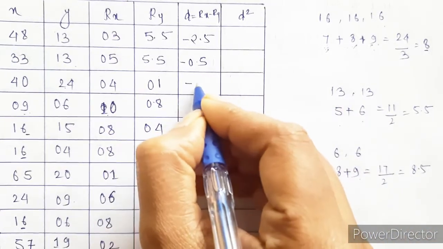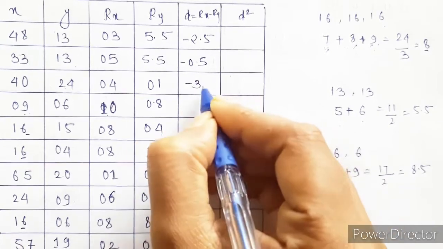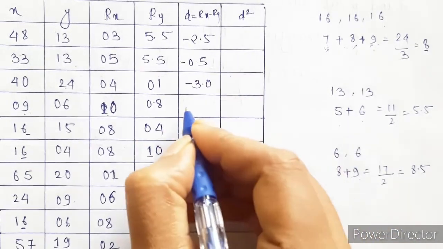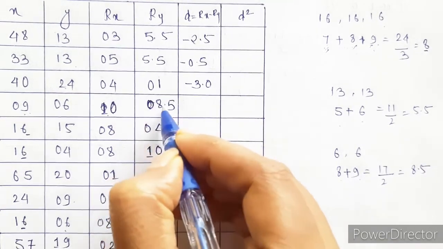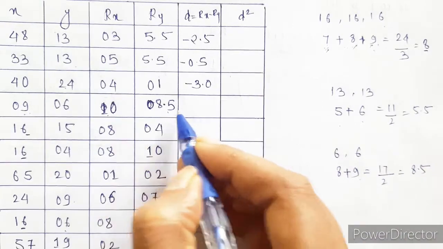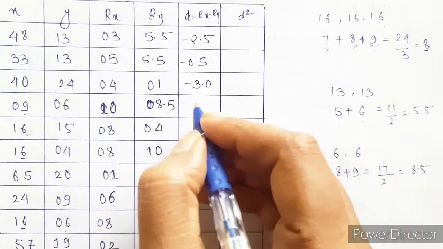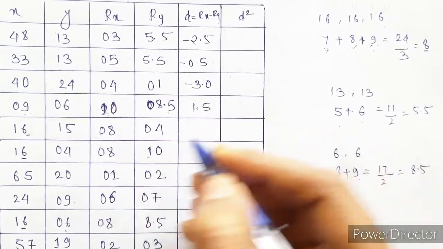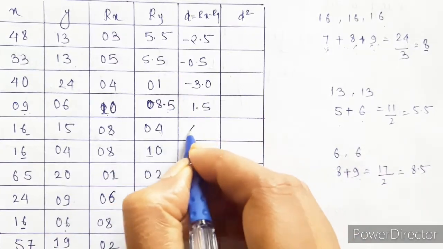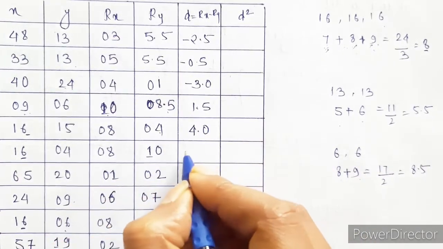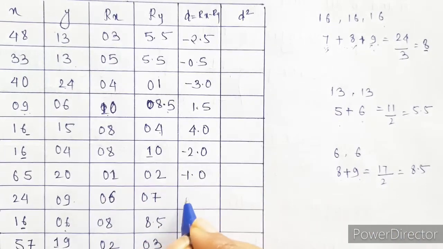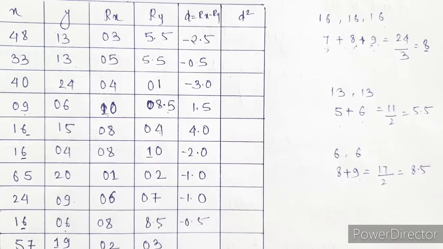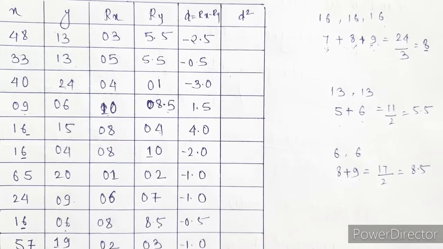Next minus 3, then 6 has rank 8.5, so 10 minus 8.5 is going to be 1.5. Next 8 minus 4 will be 4, then this is going to be minus 2, minus 1, minus 1, this will be minus 0.5 and this is going to be minus 1.